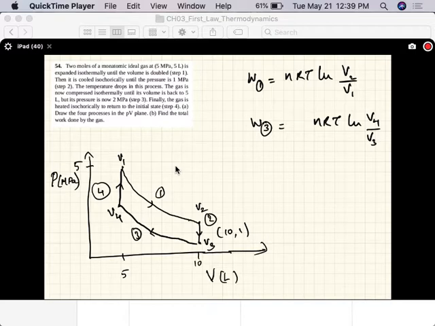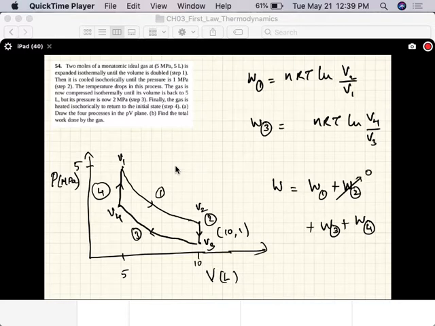So the total work done is, to be more precise, W1 plus W2 plus W3 plus W4.